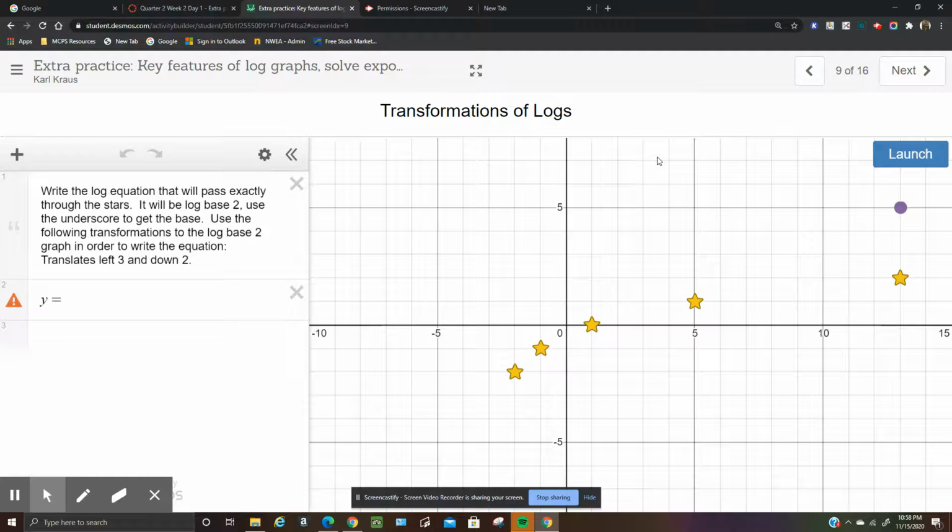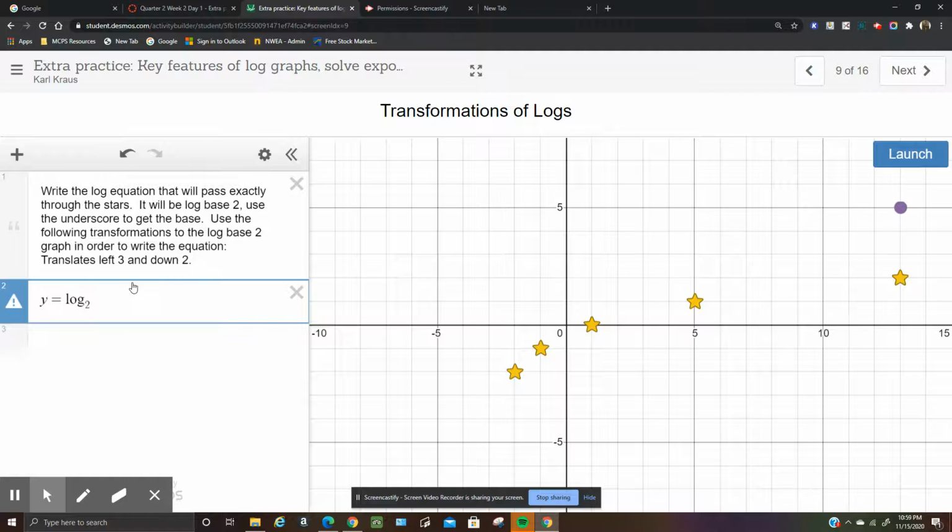All right, so the rest of the slides are to try to connect these stars together with a log base 2 graph. The first one here tells you that the transformations that are going to occur are translates left 3 and down 2. So log, and then they say use the underscore for the subscript.